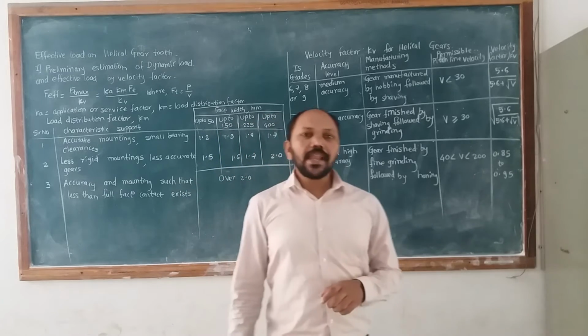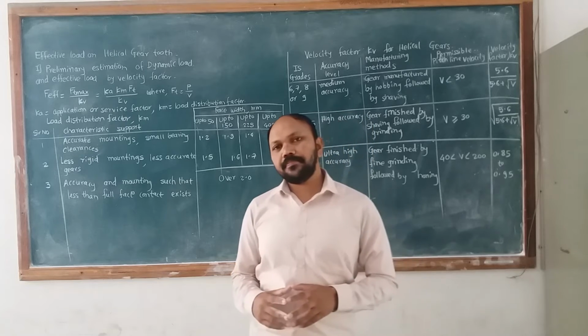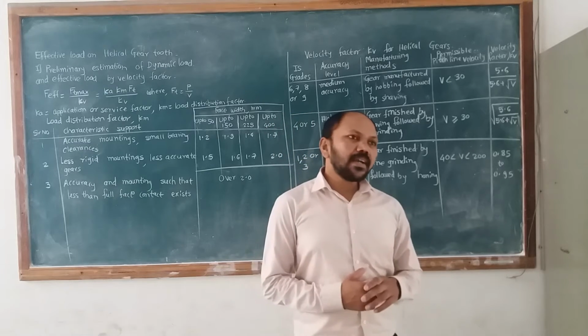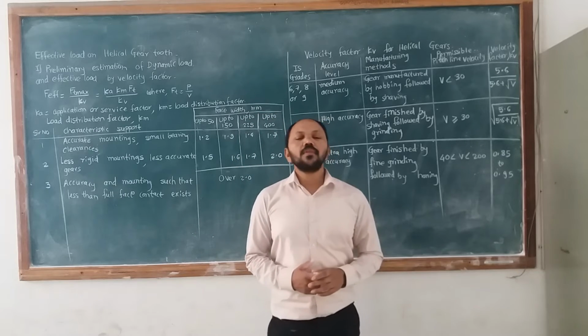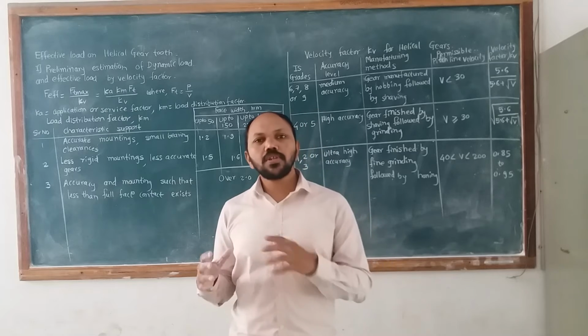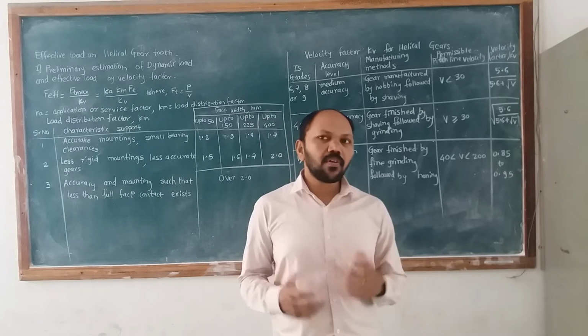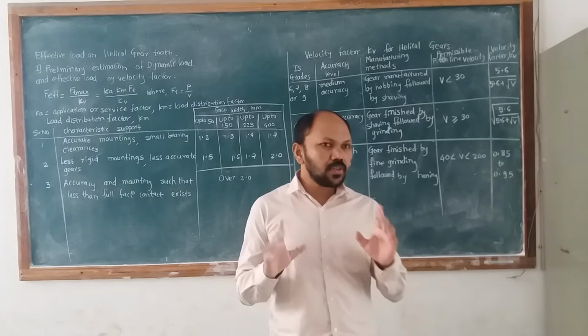These Ka values are available in a standard table. That requires some information: which type of prime mover we use and for which purpose the machine is designed for the helical gear. That information needs to be known.